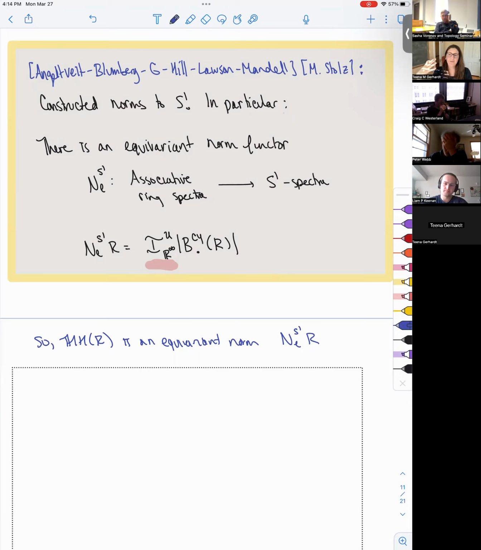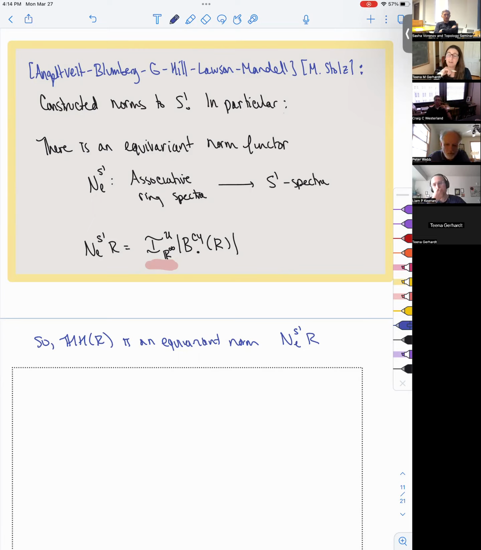When we talk about equivariant norms, we usually want to work in a more genuine equivariant setting. And so all this change of universe functor is doing is taking this naive notion of equivariant and changing it to a genuine equivariant S1 spectrum. And for THH, depending on what we want to do with it, we should probably do that as well.